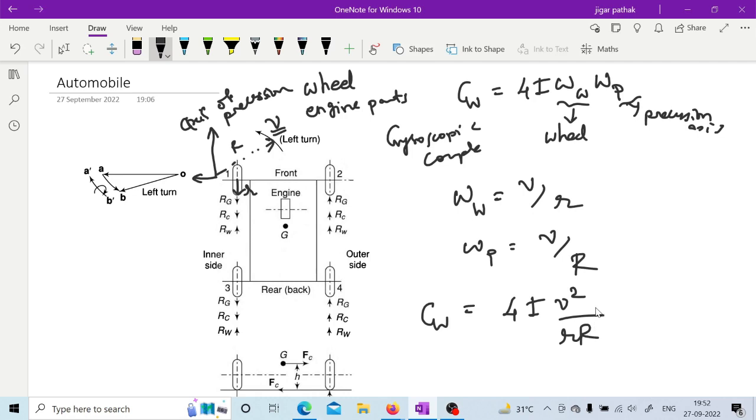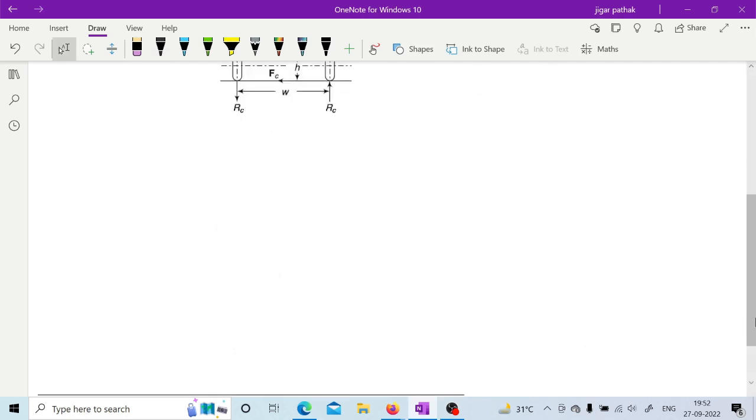Now this I will be the moment of inertia of the wheel only, right? Mass moment of inertia of the wheel, because the wheel we are considering as a rotating element. Now once you have this gyroscopic couple due to the wheel, you also have to have an idea about the engine rotating parts.